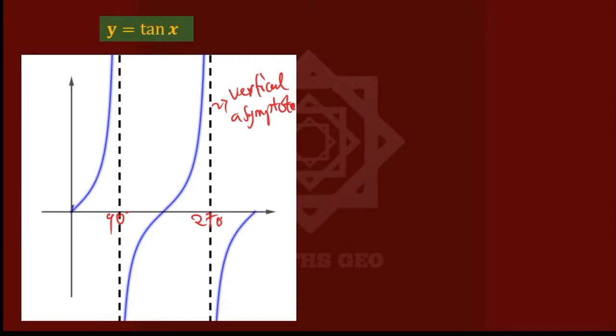If you could remember, tan 0 is 0, so here is 0. And tan 180 is 0 also here, and tan 360 is 0.